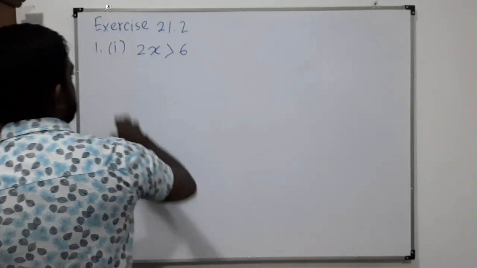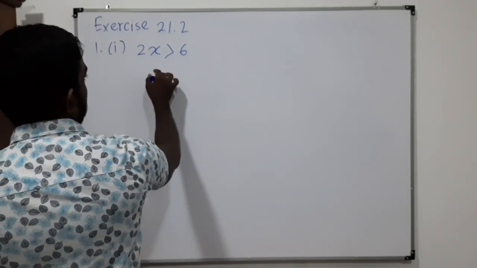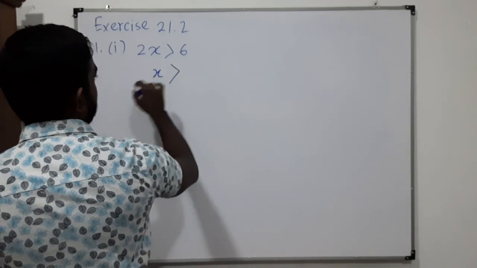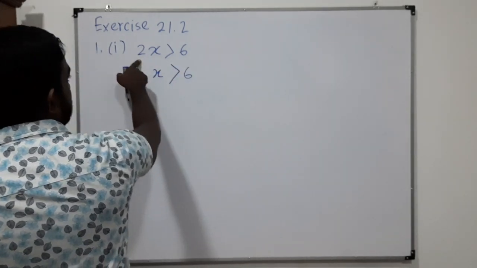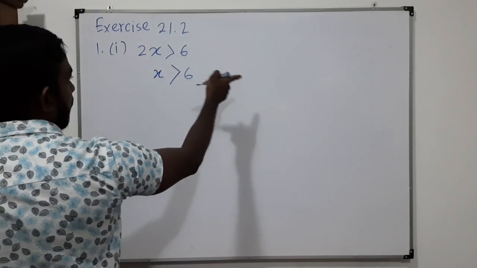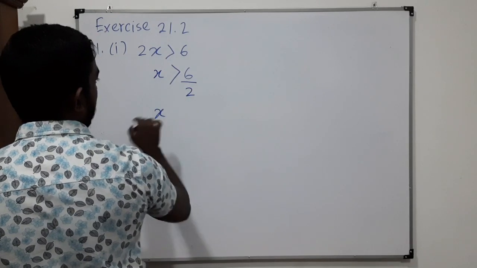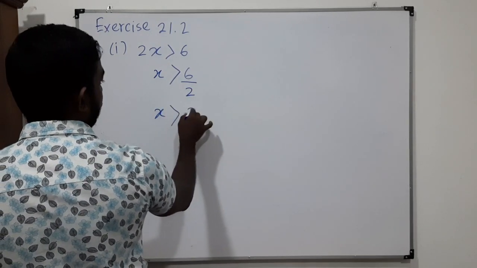You have to close this number 2 and write down the remaining. x is greater than 6. Now this number 2 is a positive value. When it goes to the other side, it will be a division. So we can write x is greater than 3.